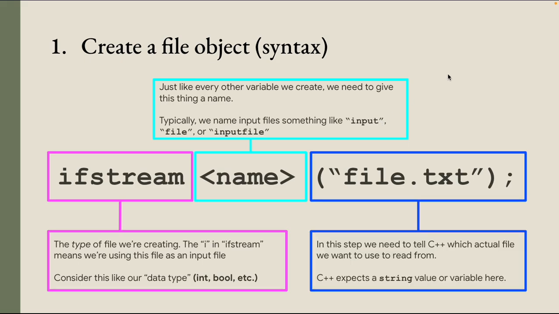And then thirdly, we have to have a string within these parentheses. This string is the file that we're actually trying to open, and it has to exist already. Otherwise, it can't open.